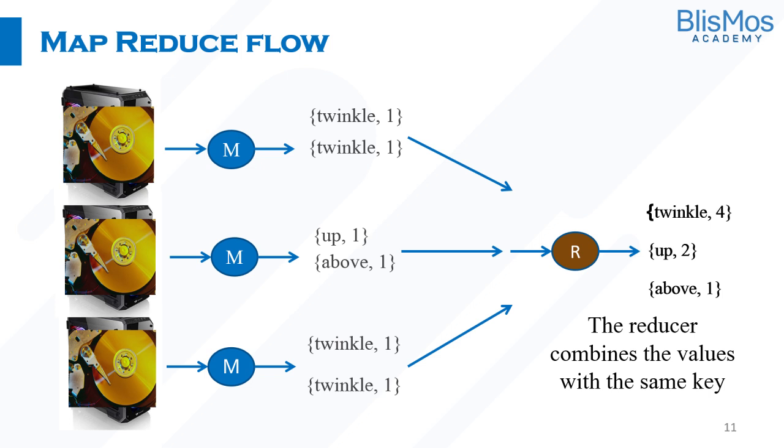It works in two stages: mapper phase and reducer phase. At the mapper phase, the processing happens at an individual data node level, and then those intermediate results are passed to something called a reducer. Reducer combines the intermediate results into the final result. This is how MapReduce works.